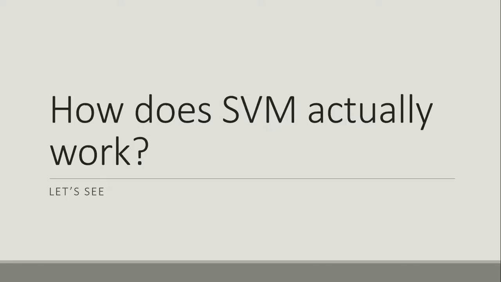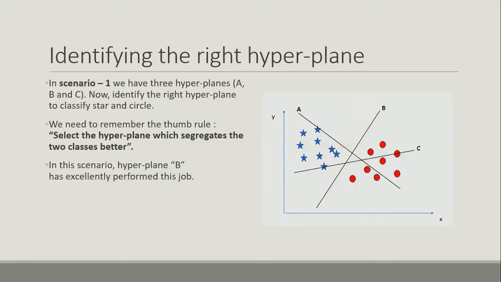Now we'll actually see how SVM works. The first and foremost thing that we have to do is identify the right hyperplane. As you can see in this scenario, we have blue colored stars and red colored dots. We will be using the same example from now on. We need to identify the correct hyperplane, which is very important because that hyperplane decides where the test data that you have to classify will go.